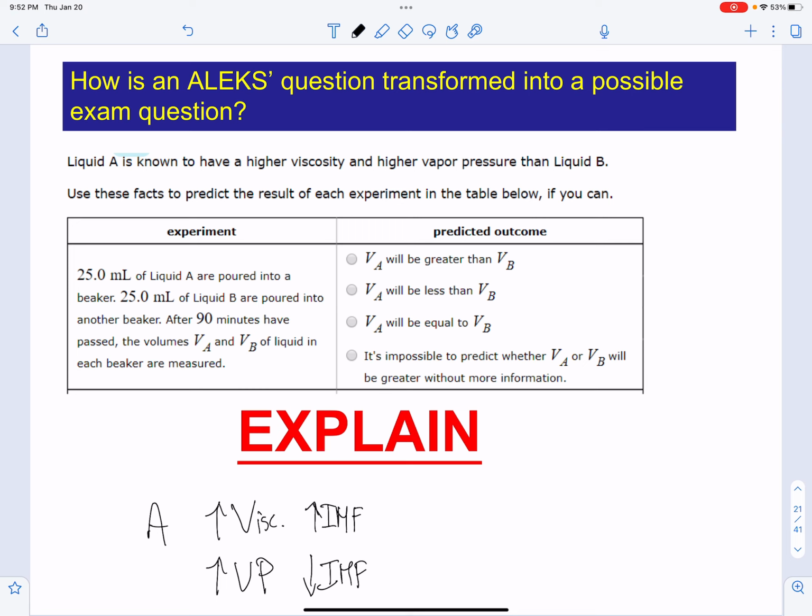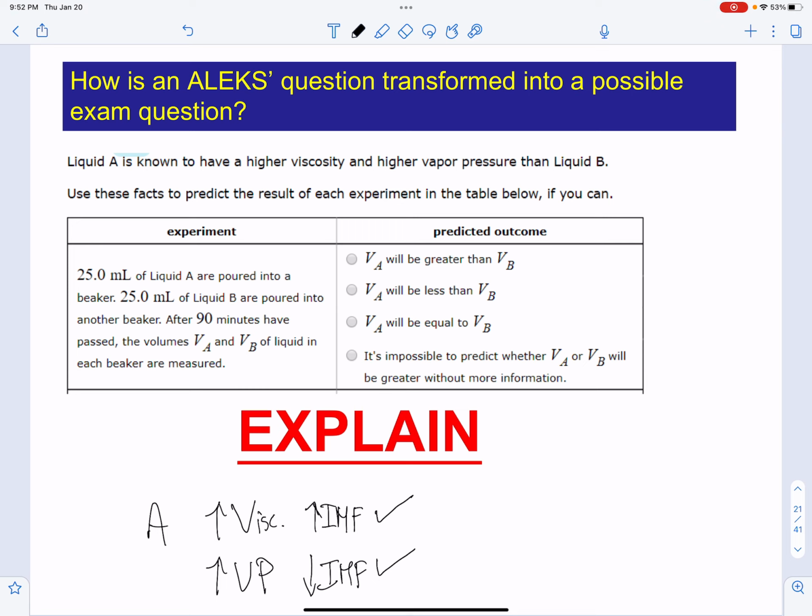Yeah, one is telling us that the intermolecular forces are high. The other one is telling us that the intermolecular forces are low. So I would say I don't have any other choice to explain vapor pressure, but I can explain viscosity in a different way.